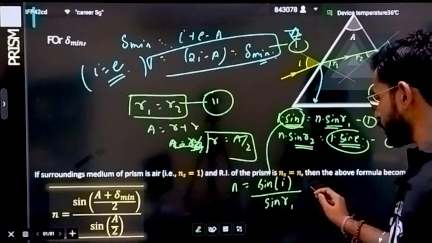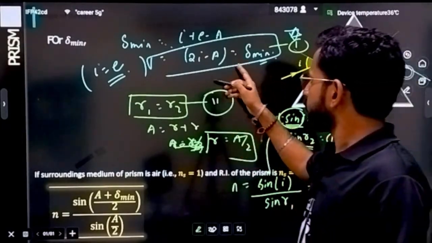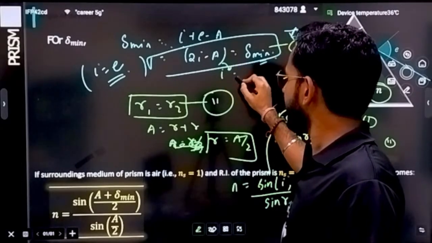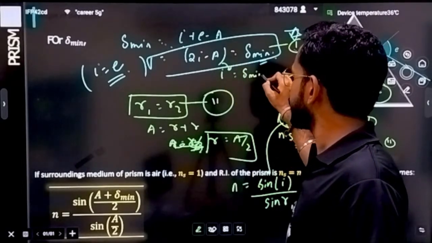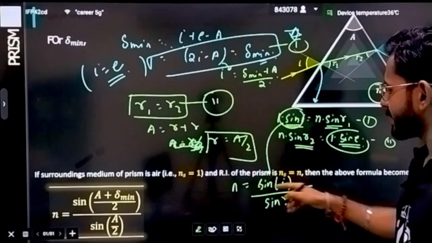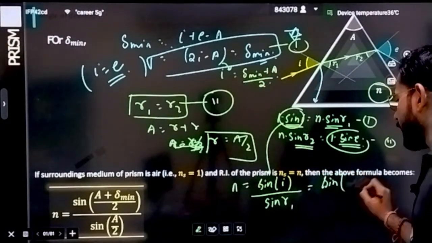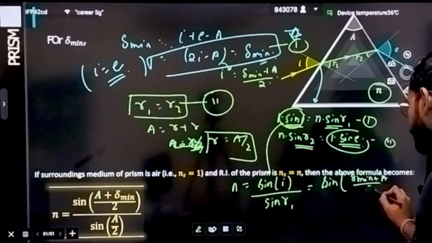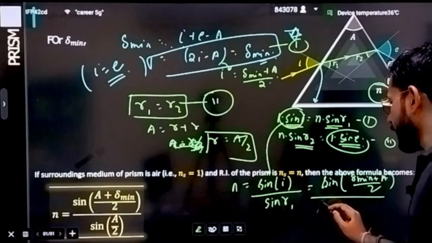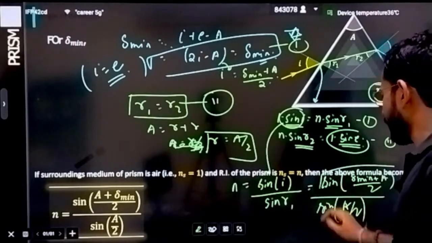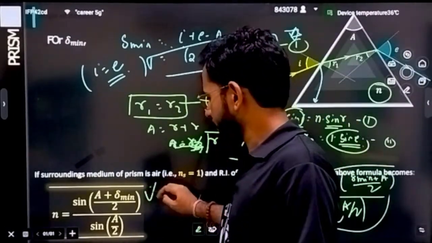So how can you write I? From this equation, I can be written as minimum deviation plus A divided by 2. Then apply sine there. So n is sine of (minimum deviation plus A divided by 2) divided by sine of R1, and R1 can be written as A by 2. So this is the direct formula.